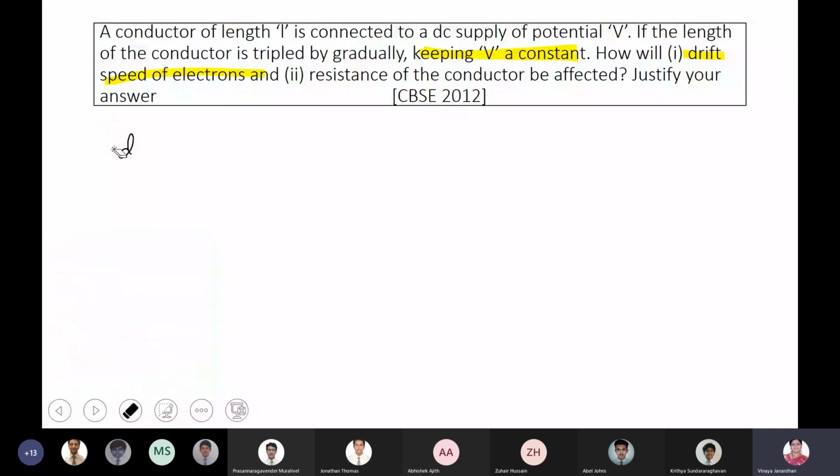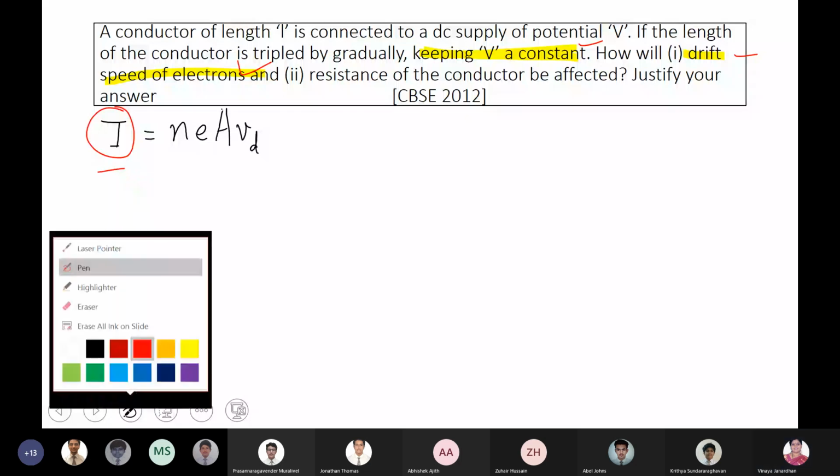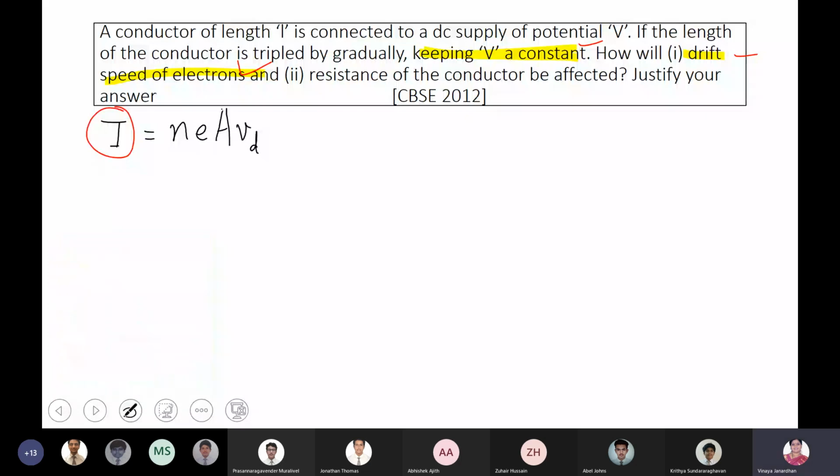Or I can write I is equal to NEAVD. Correct, boys? Okay. Then what is I? V by R. So I put I as V upon R, because I want the relation between V and the drift speed of the electrons. So V by R is equal to NEAVD.